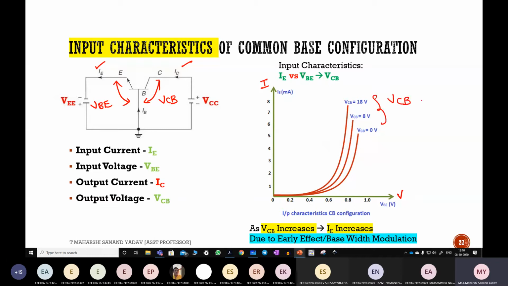Can anyone tell me how I got this graph? Why is this graph moving towards the left-hand side if I'm increasing the VCB value? See here, 0 volt, this is 8 volt, this is 18 volt. It is moving towards IE. How did I get this and why? Any idea?